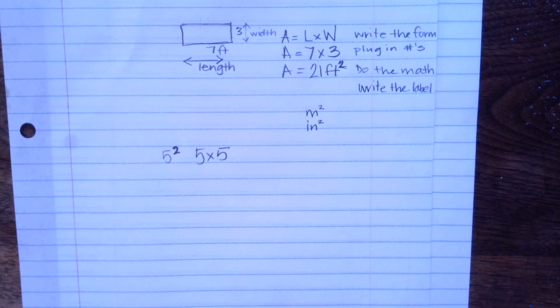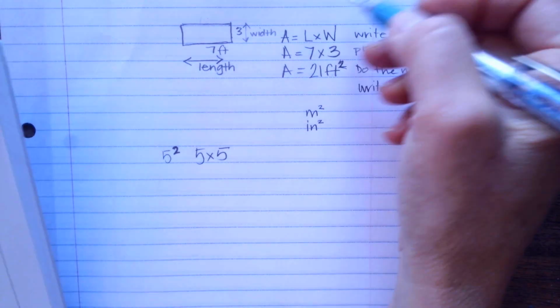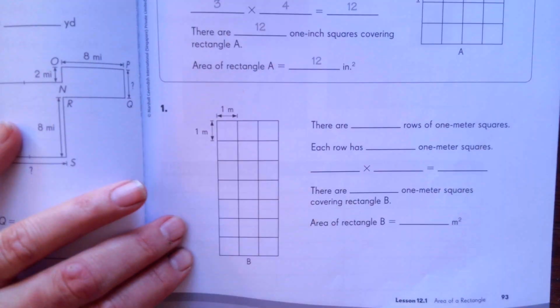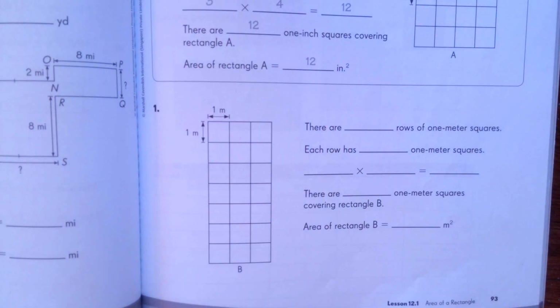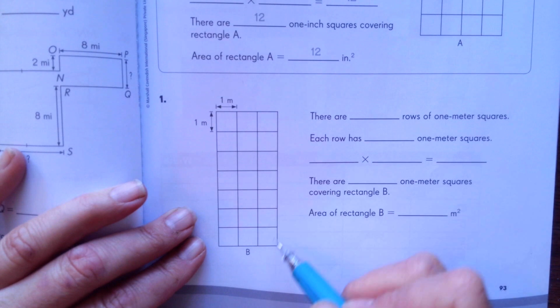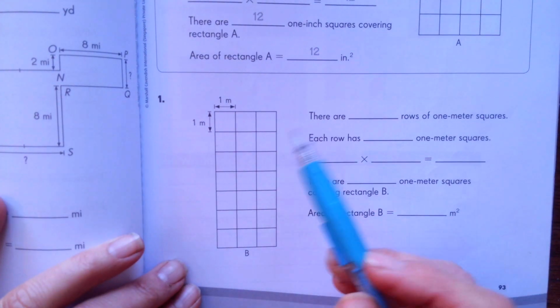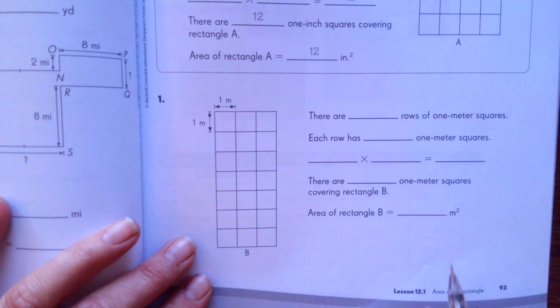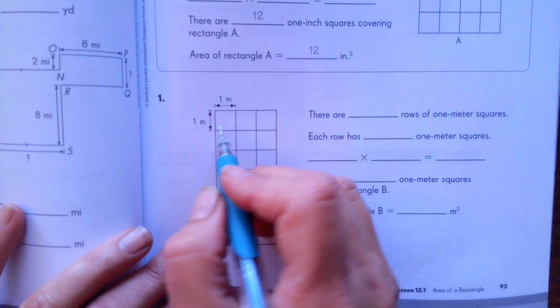Now, there's also another thing that you can do to figure out area. Perimeter, you just add the sides together, you label the answer. You can also do, on page 93, they're asking you how much is the area of this shape. And you see that they didn't give you how many it was like I did in the previous example. But what you do is you just count the squares.